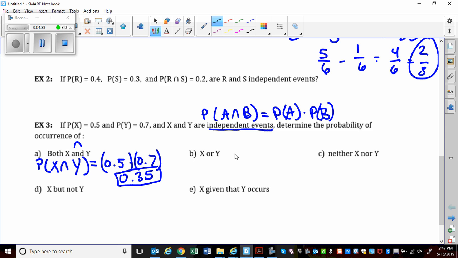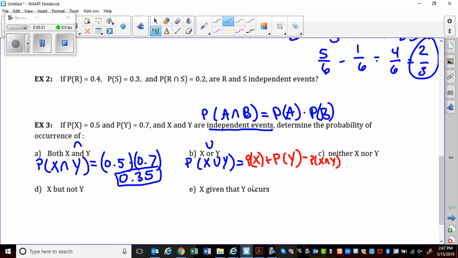Alrighty, the probability of X or Y is the probability of X plus the probability of Y minus the intersection.